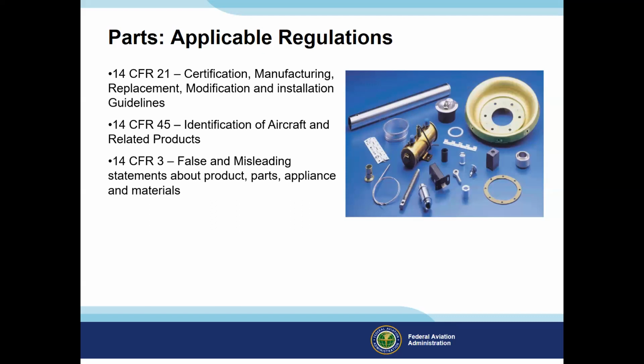Now, a few years ago, Part 3 was issued. That concerns false and misleading statements about products, parts, appliances, and materials. We didn't have that specific rule in place, but when they decided this would be very helpful in preventing that type of activity, it gave us some actionable items should we discover that to be the case.